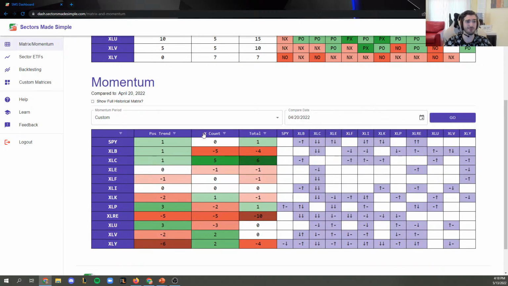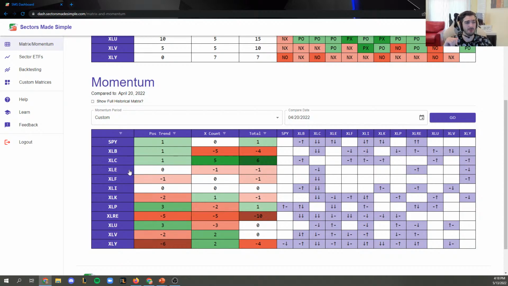There, oh, because it was already running, that's why. So here's today's matrix compared to 4/20/2022. SPY has gained 1 long-term strength. Materials lost 5 short-term, gained 1 long-term, 5 and 1, so on and so forth.